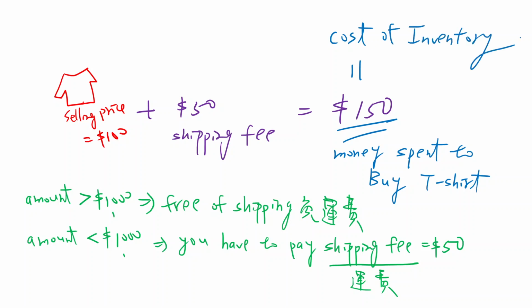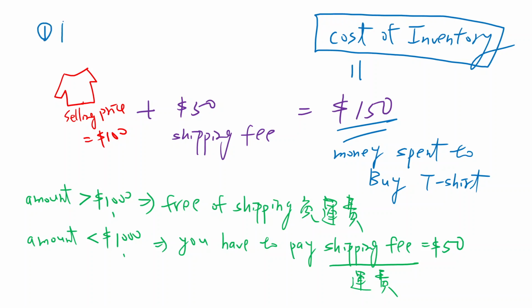So how do you determine your cost of inventory? 100. That 100 we call purchase price. And don't forget, you have to pay the second money. So what's the second money? Shipping fee. The second money, shipping fee, we call it make it ready for sale.